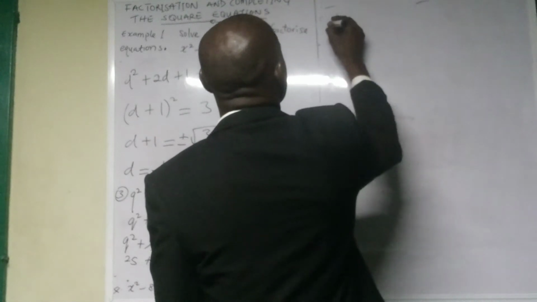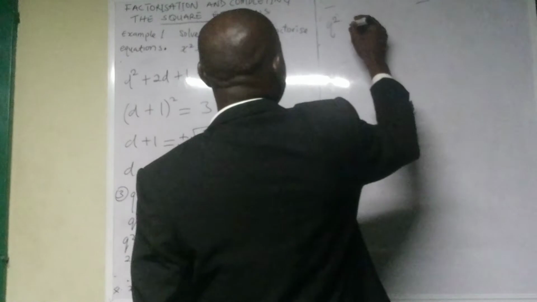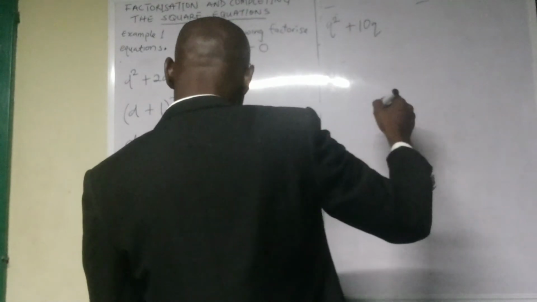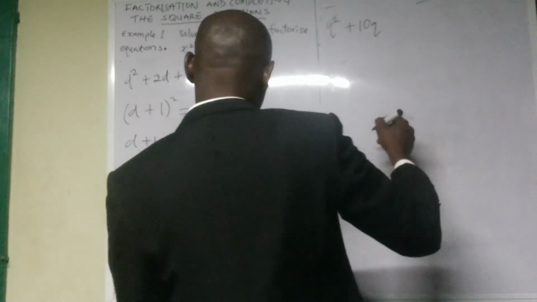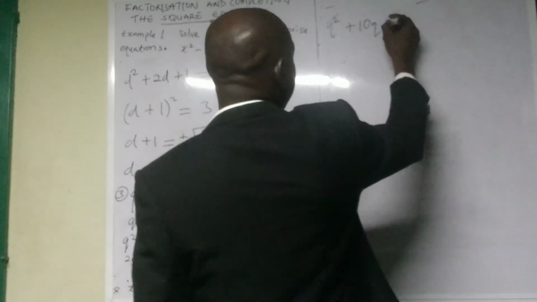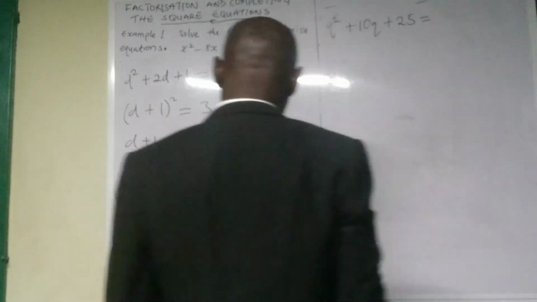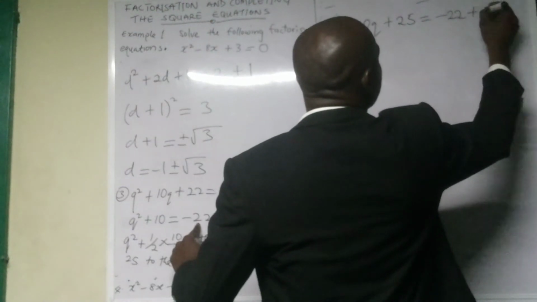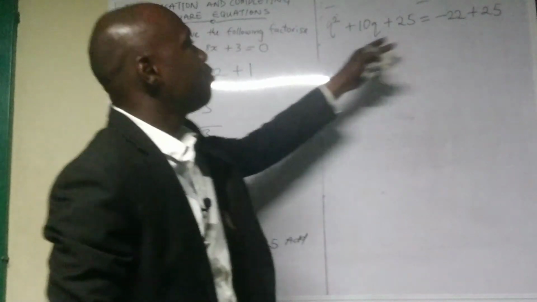So we now come to q squared plus 10q, then q plus the half of that one. Okay, let's pick it, plus 5. Okay, plus 25 equals, then the 22, minus 22 plus 25. So we add 25 to both sides.